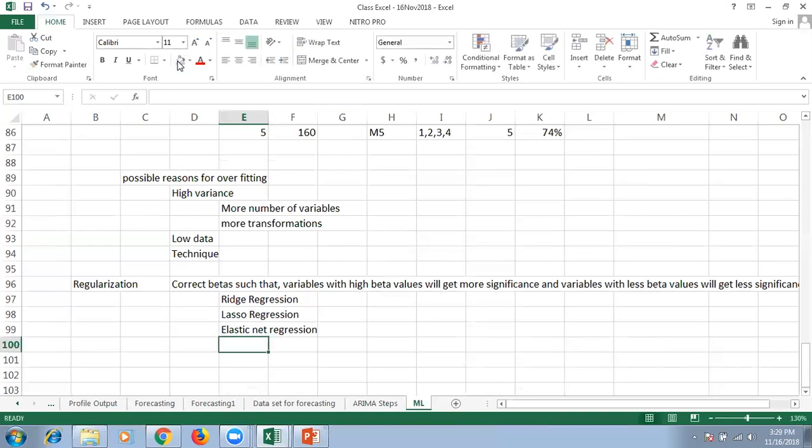Of course, these are from a linear regression perspective, the different types of linear regression models where we change the betas. But regularization can be done for any type of model where you have betas. Am I correct or not? If there is a beta, if there is an estimate, I can always regularize that model. So that is the regularization concept.